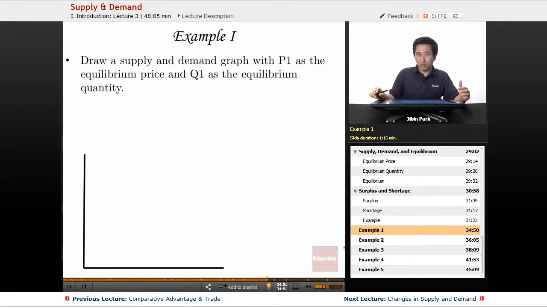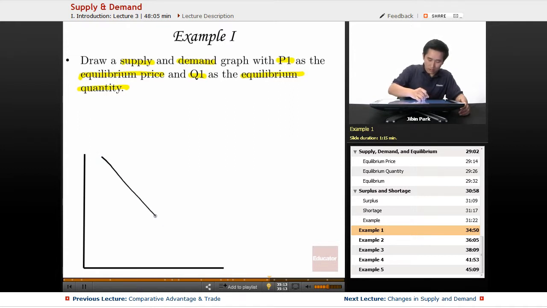So example number one, let's go ahead and do a very basic example of drawing a supply and demand graph with P1 as the equilibrium price and Q1 as the equilibrium quantity here. So again, no frills here. This is pretty basic in terms of what you're going to get here.